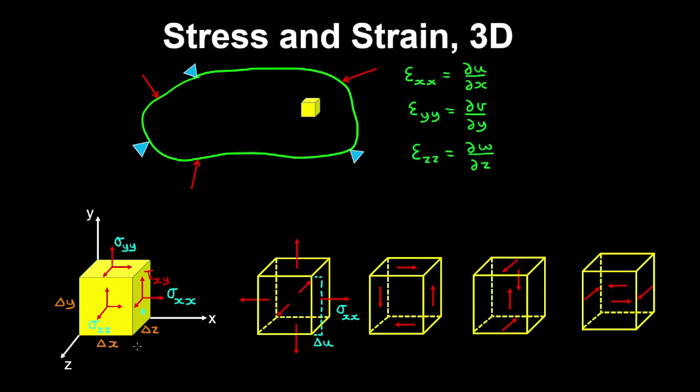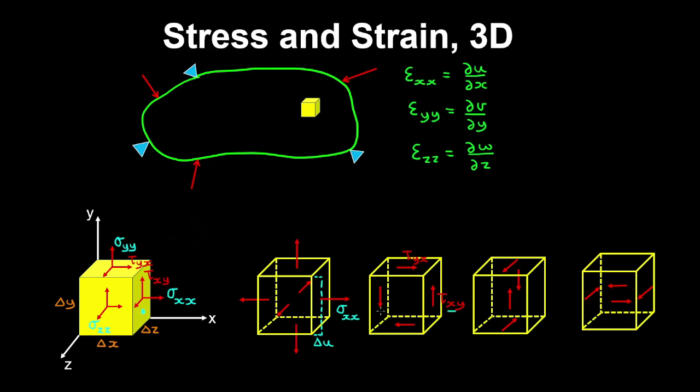So it's tangent to the surface. So this complementary shear stress acting on the face with the normal in the y direction acts in the x direction. So these shear stresses give rise to shear strains.